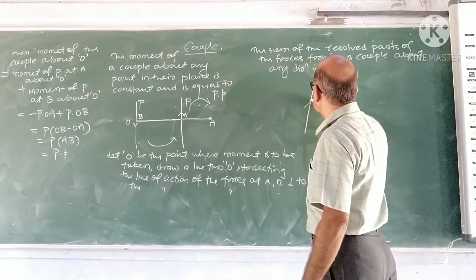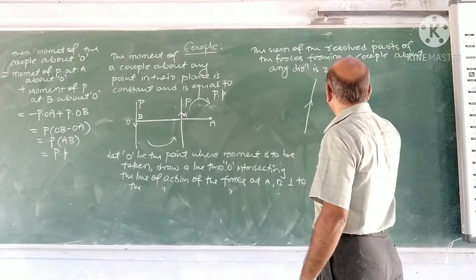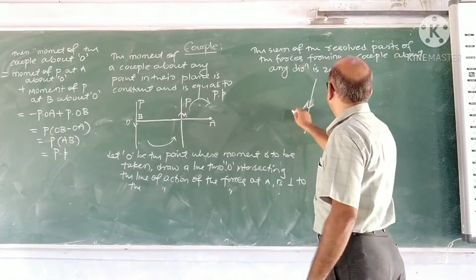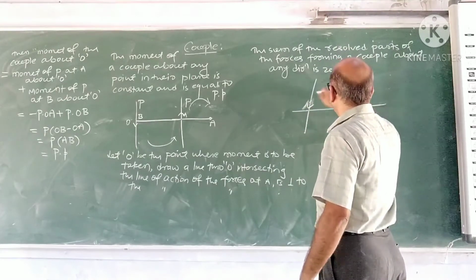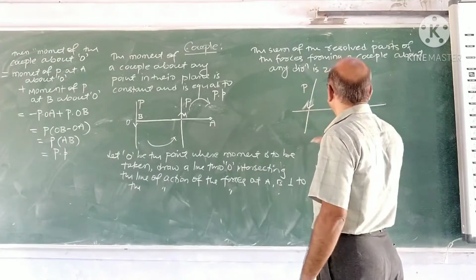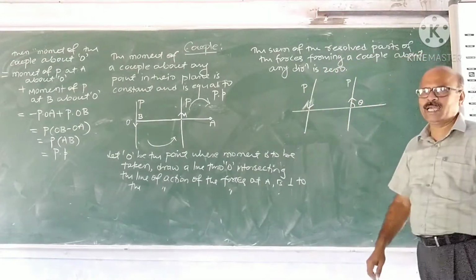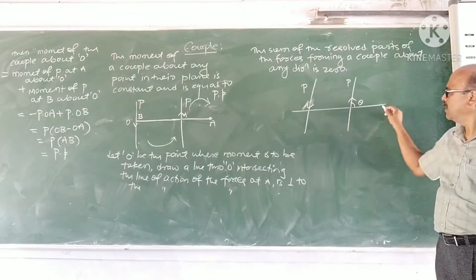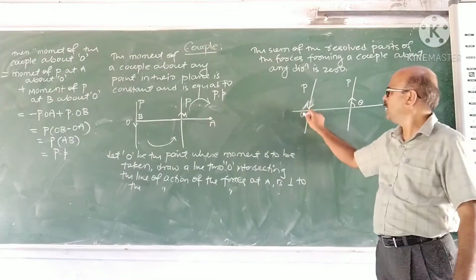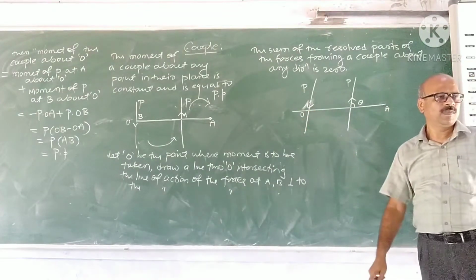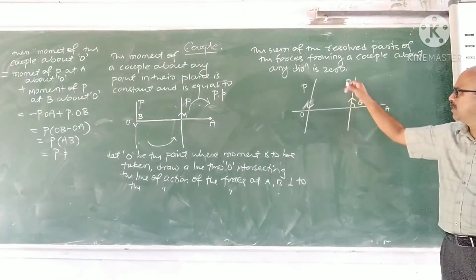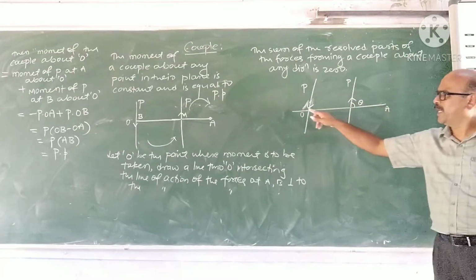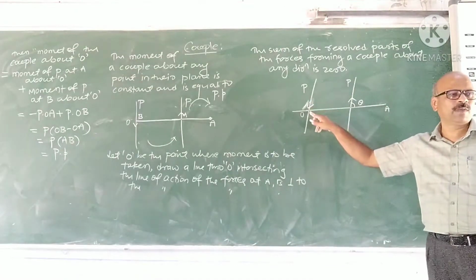I take this couple; it makes an angle theta. PP is the couple. Theta is the angle made by one of the forces forming the couple with the given direction OA. If theta is the angle made by P along OA, what is the angle made by the other force forming the couple?